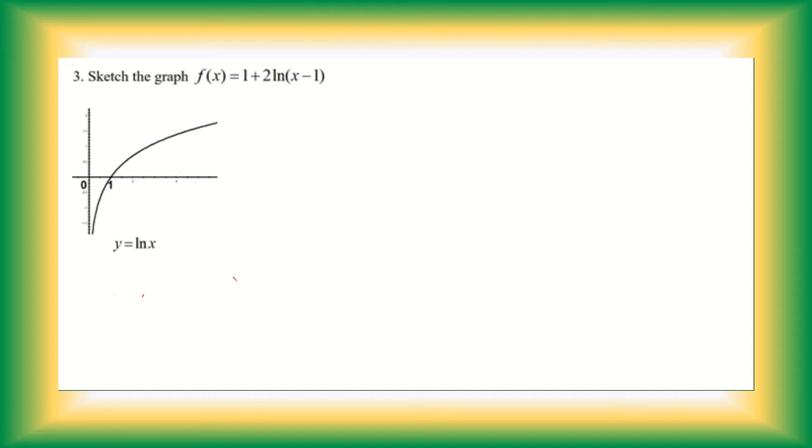Next, we need to carry out x transformation. From the parent graph, when we replace the x with brackets, all the terms inside the brackets can be considered as x transformation. So for this question, the x transformation is x minus 1.